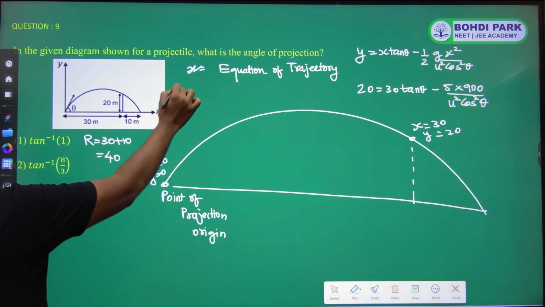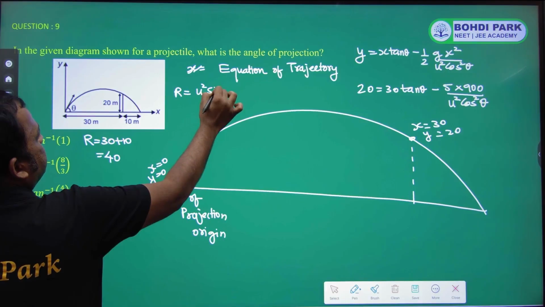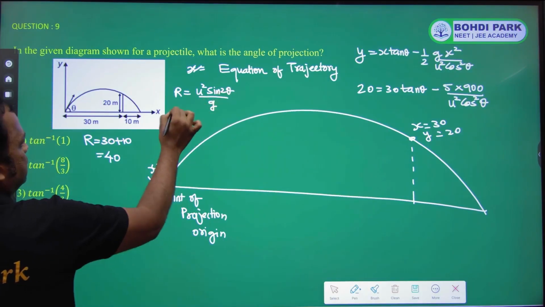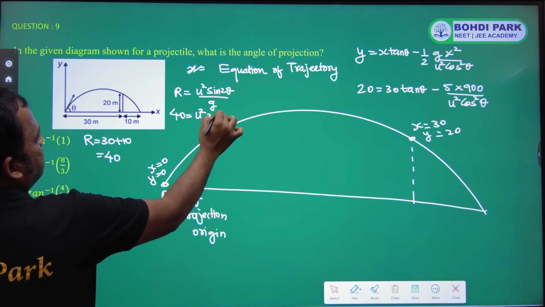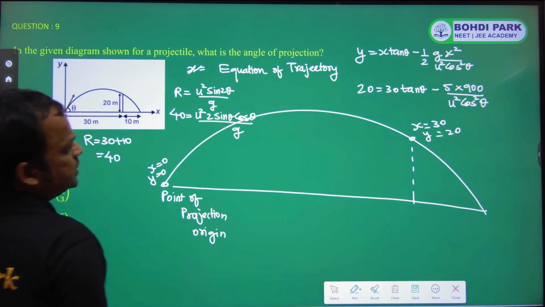And range formula is equal to u square sin 2 theta by g. So 40 is equal to u square into 2 sin theta cos theta by g.